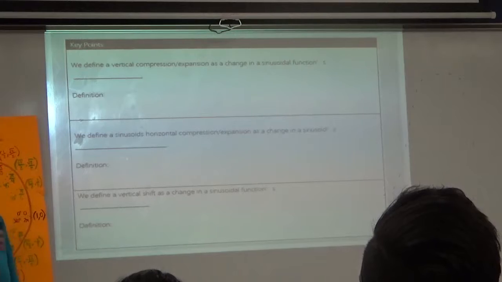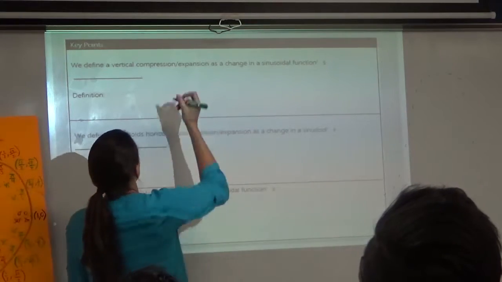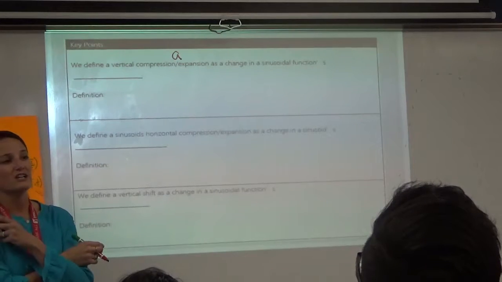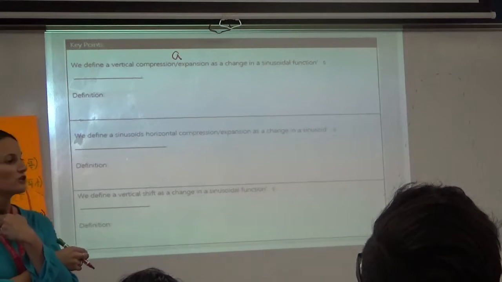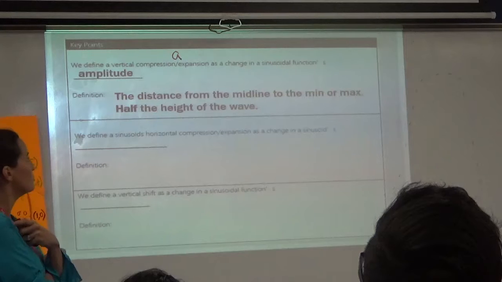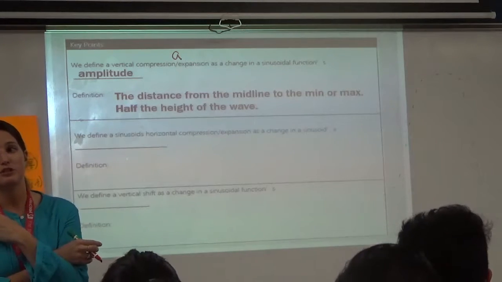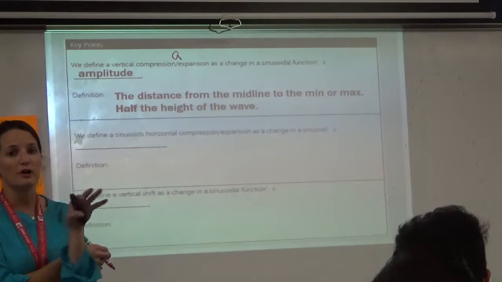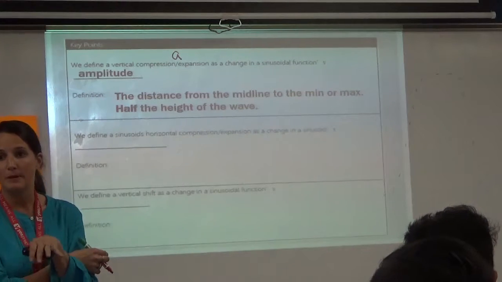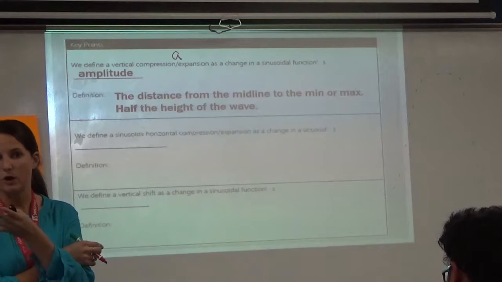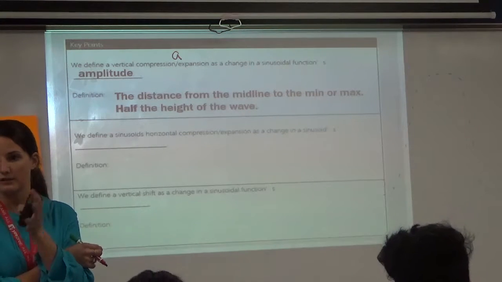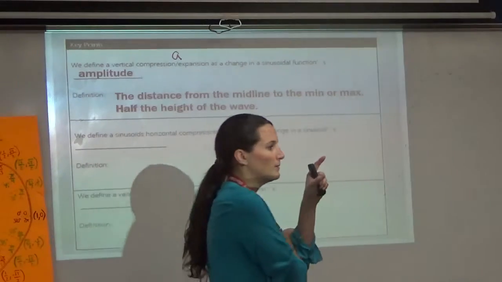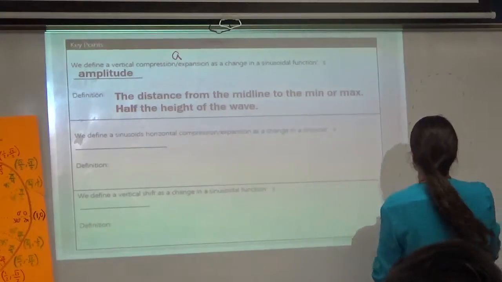So the vertical compression or expansion, which was our A value, is going to affect a change in what we call amplitude. The amplitude is the distance from the middle of our wave to the minimum or to the maximum, like Juan said. We call that the amplitude.